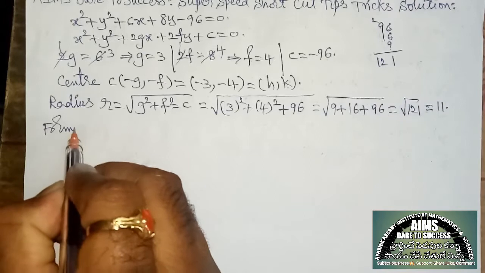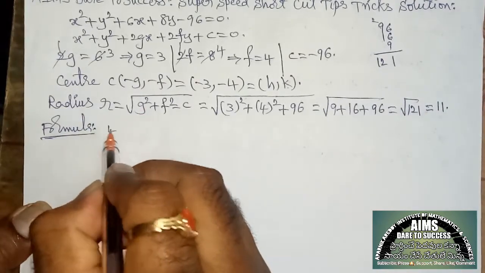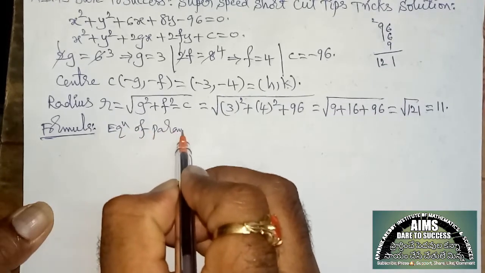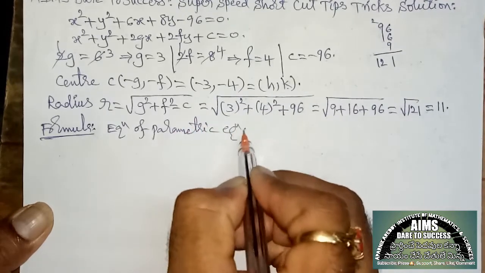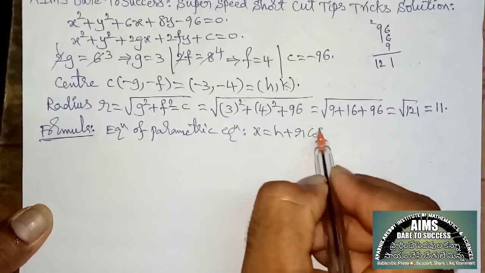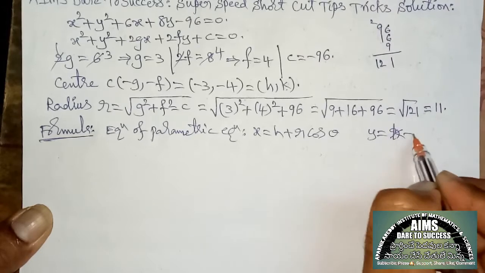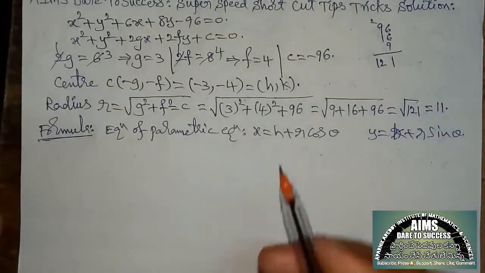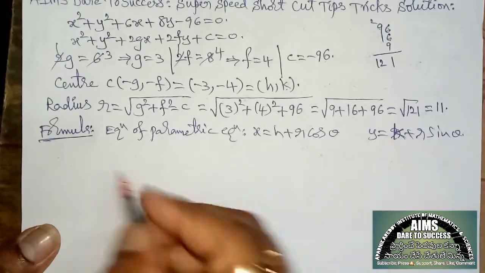Now I am writing the formula, the simplest and smallest formula. The parametric equations are x is equal to h plus r cos theta and y is equal to k plus r sin theta.